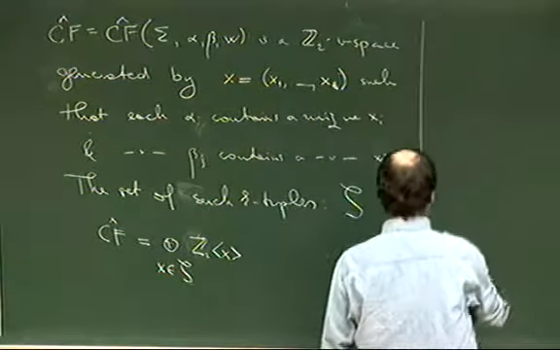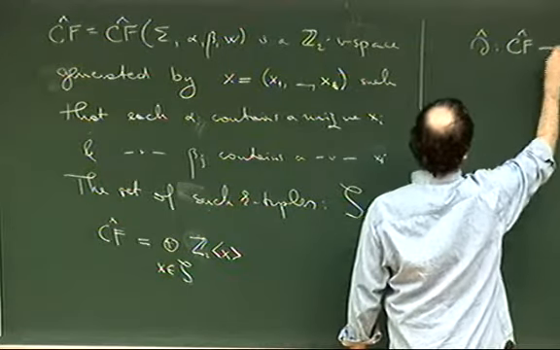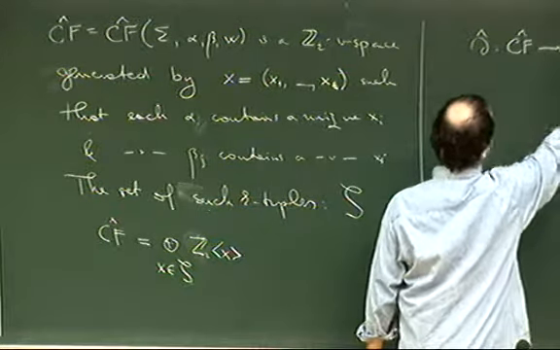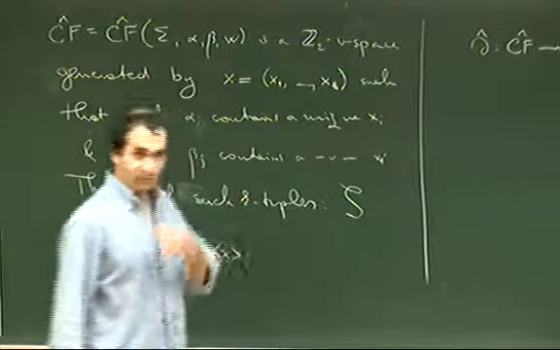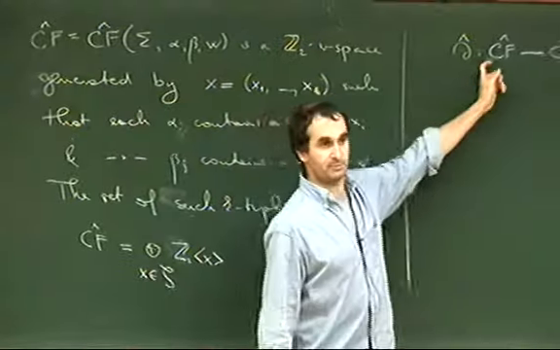So the next thing is to define the boundary map. And as always, if we have a vector space which is given by a basis, then we only have to specify the matrix of this linear transformation on that particular basis.